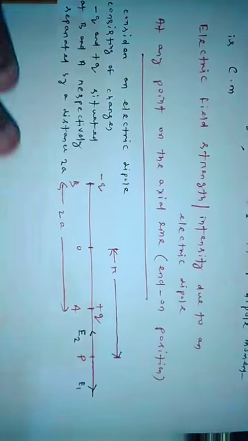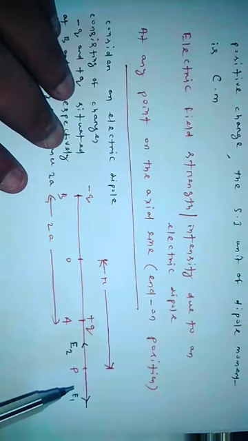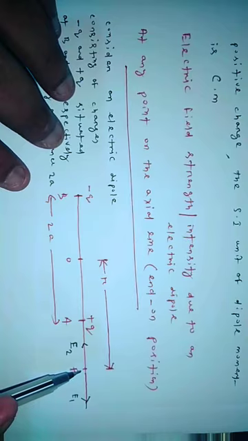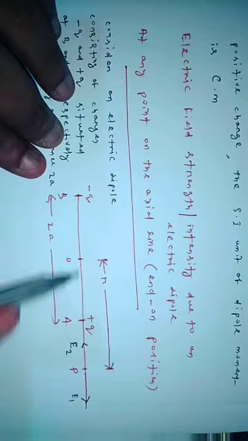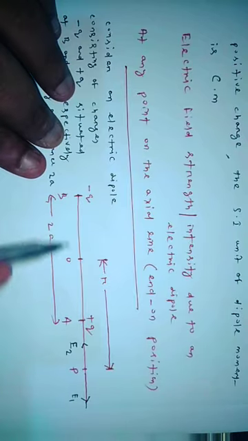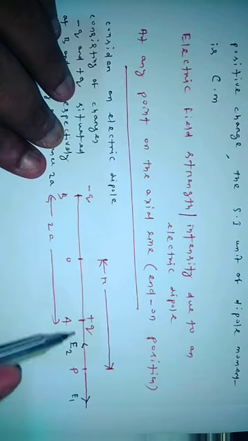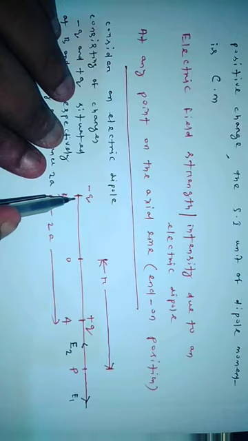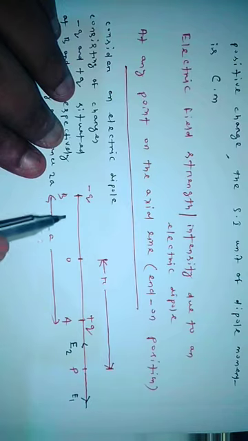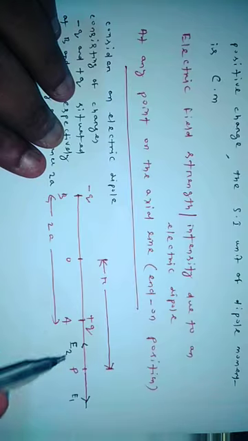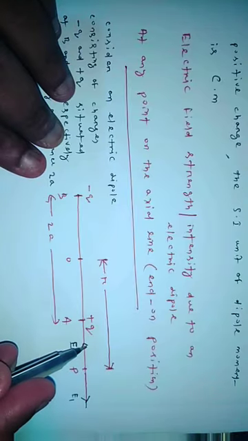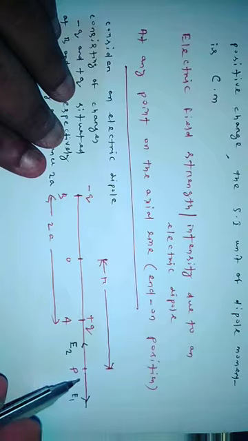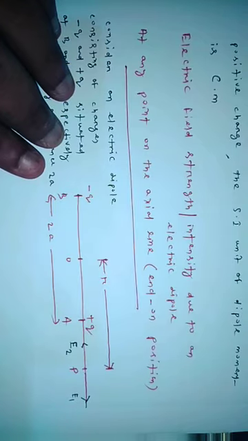So electric field strength at point P due to charge minus q is 1 by 4 pi epsilon 0 into q by distance square, BP square. So BP equal to R plus A, so q by R plus A square. This is a negative charge, so the attractive field acts along this direction, along PB. Okay, so E2 acts along PB.